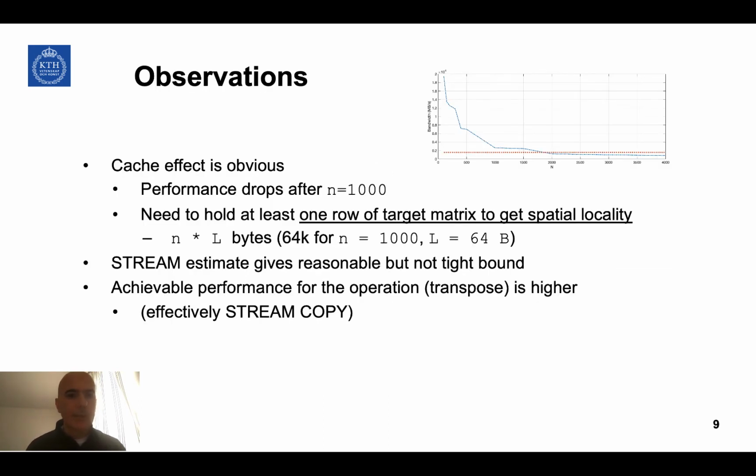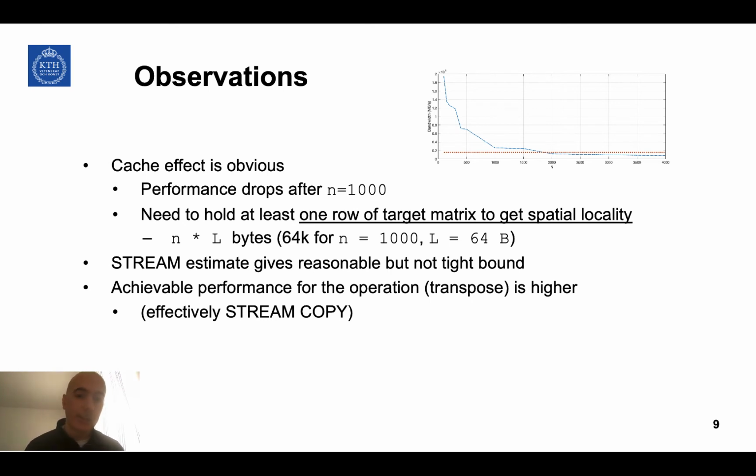The effects of the cache are rather obvious. As you can see here, when the two matrices can fit into the cache, the performance is very high, so we have a huge bandwidth. The performance drops after n equal to 1000. The reason is that, in order to have any spatial locality, the cache needs to store at least one row of the target matrix.